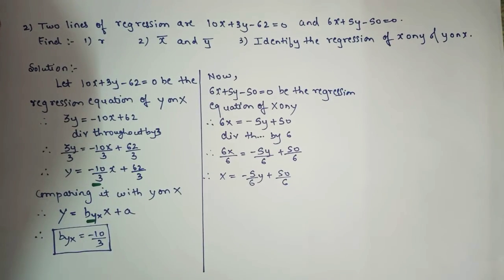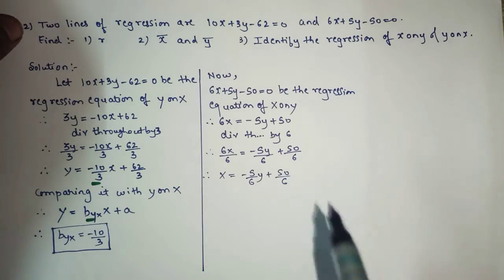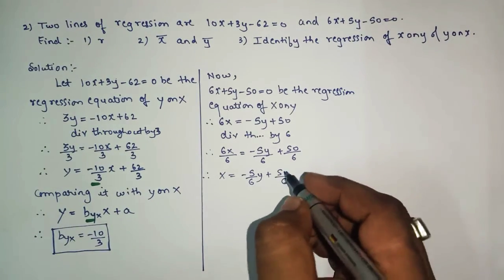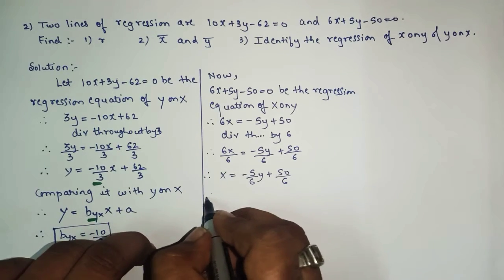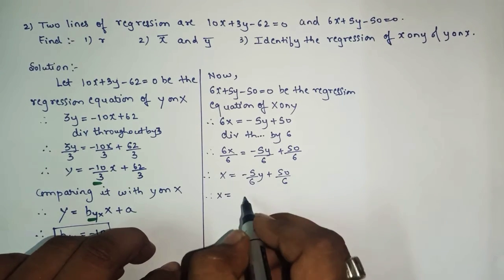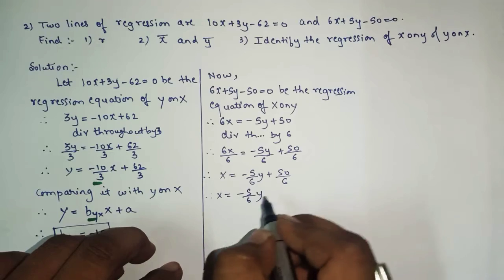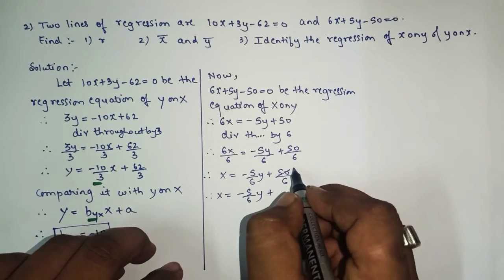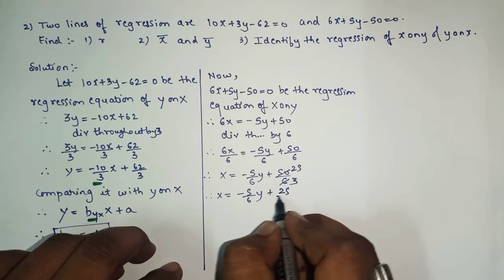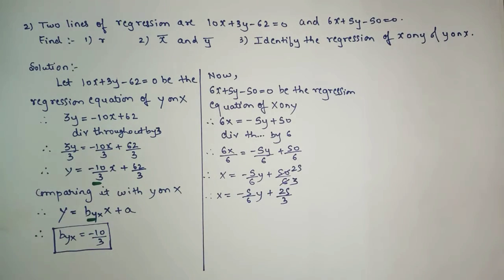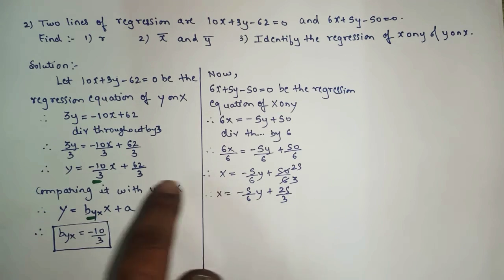But we require the value of bxy, so no need of cancelling this. 5 upon 6 will be the same. 25 by 3, as we are interested in finding the value of byx and bxy, not a and a dash.